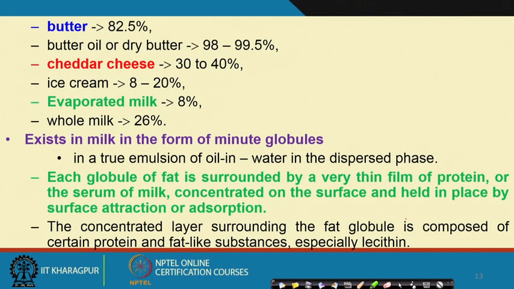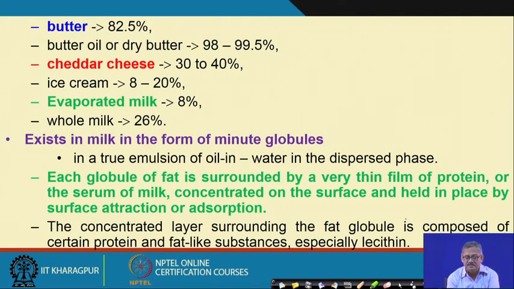It is a true emulsion of oil in water. In milk, fat is present as a typical emulsion, oil in water, O/W.